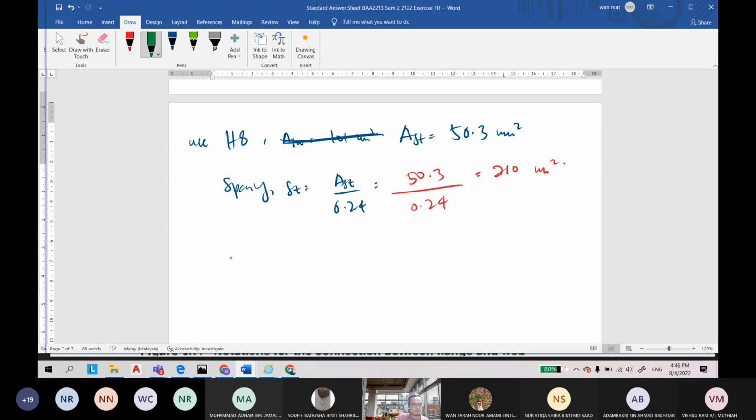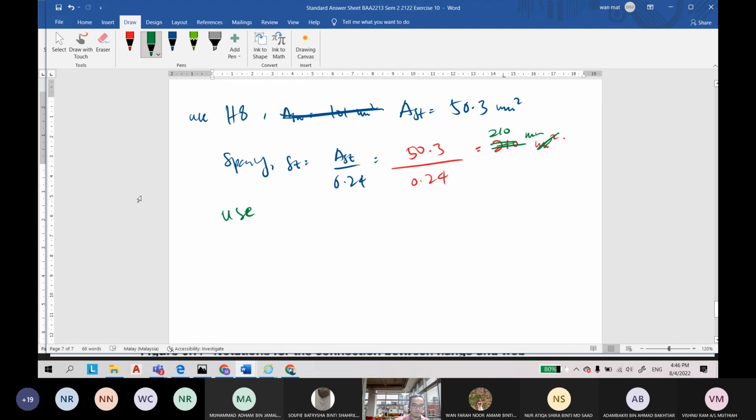So what can you propose to use? 200. Oh, spacing, so the spacing is in mm. Okay, so 210 mm, so use 200. Okay, you can use H8 at 200.